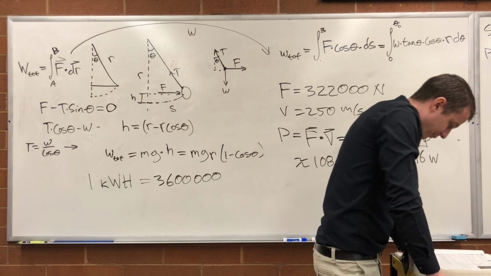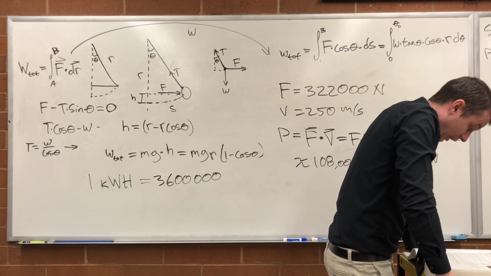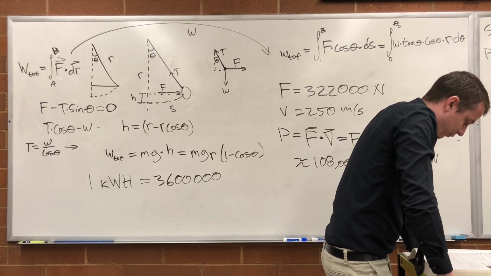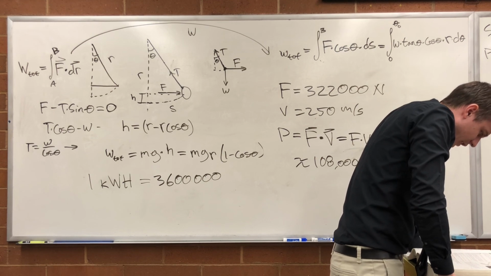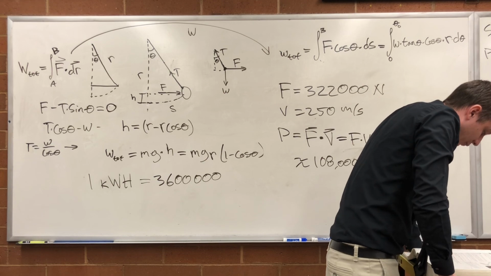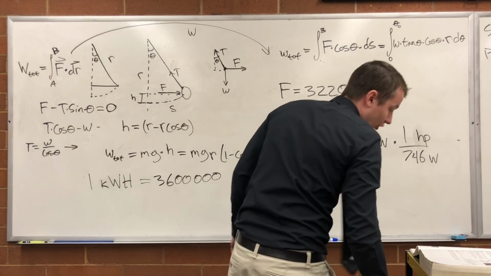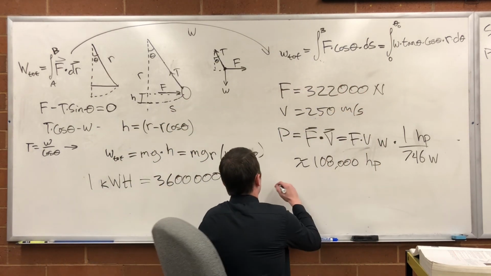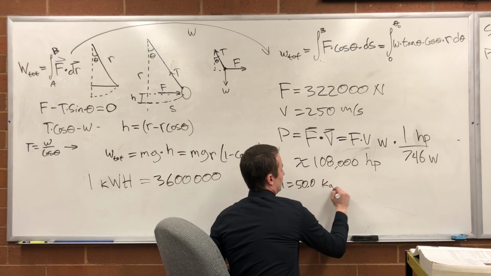Okay. Last one. A 50-kilogram marathon runner runs upstairs to the top of some building that's 443 meters tall. To lift herself to the top in 15 minutes, what must her average power output be? So her mass is 50 kilograms.